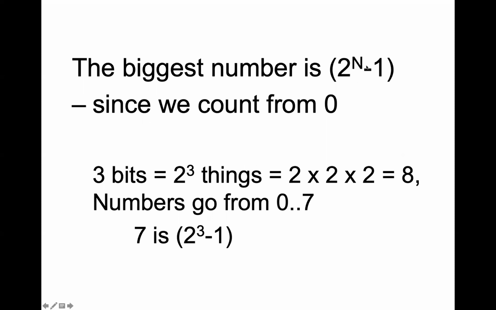The reason it's not 2 to the n is we start counting at 0. By the time we've counted up 2 to the n times, we've only gotten to 2 to the n minus 1. So if we have three bits in a binary number, we can count 2 to the 3 different things, which is 8, and the numbers go from 0 to 7. So 7, of course, is 2 to the 3rd power minus 1.